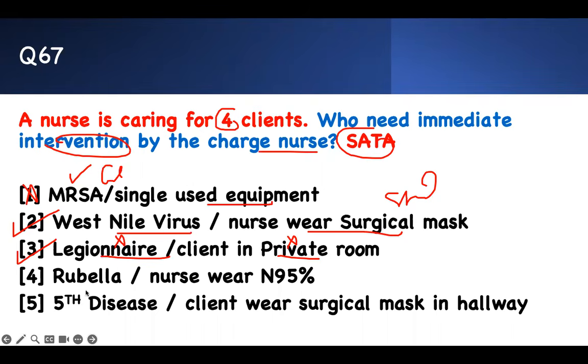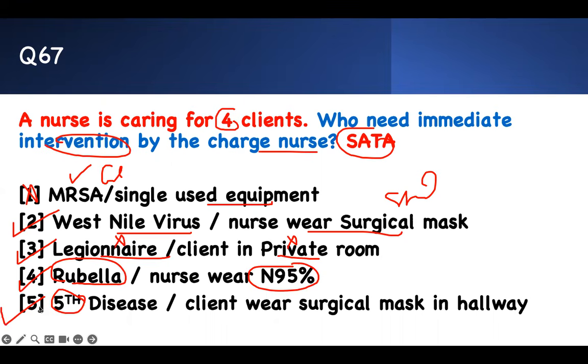So here. Rubella, what do you think? This is droplet. Nurse wears N95. Wrong. Surgical mask. Fifth disease. This is droplet, right? Client wears surgical mask in the hallway. So this is good.